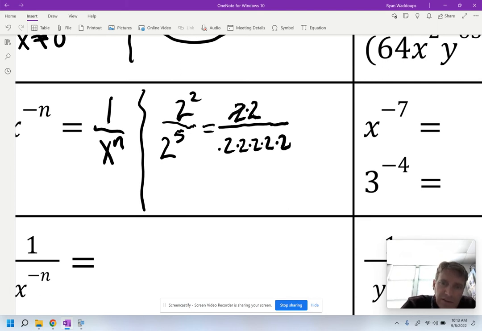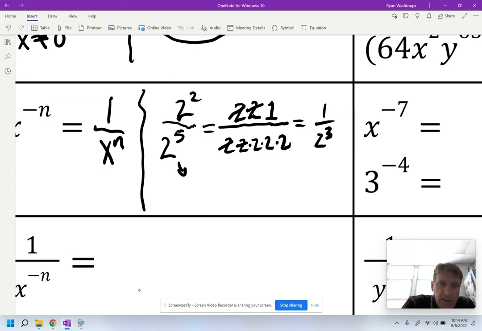This 2 cancels this 2, because 2 divided by 2 is 1. Another 2 divided by 2 is 1, so it leaves a 1 up here in the numerator. And in the denominator, it's 2 times 2 times 2, or 1 over 2 to the 3rd power.